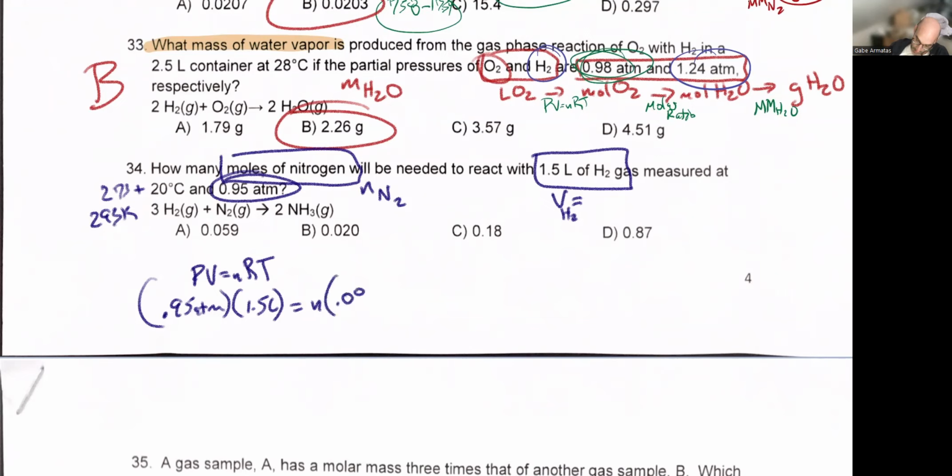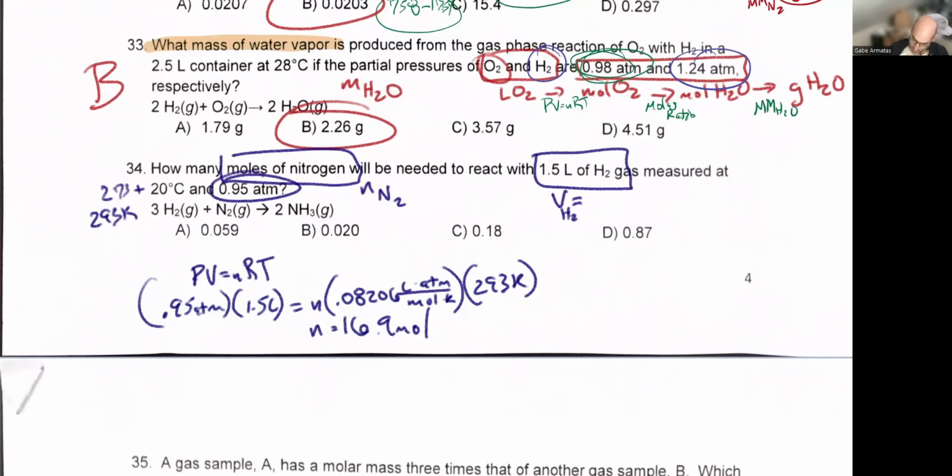My R is 0.08206 liter atmospheres per mole Kelvin, and my temperature is 293 Kelvin. So 0.08206 times 293, divide by 1.5, divide by 0.95. So the moles in this case is 16.9 moles.